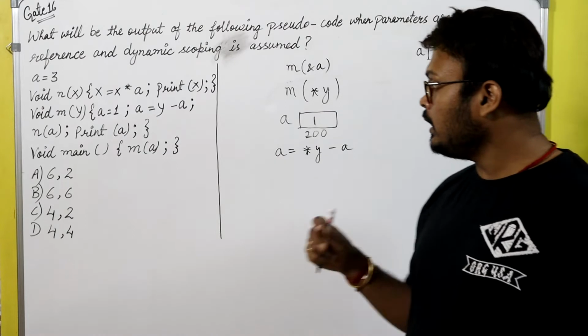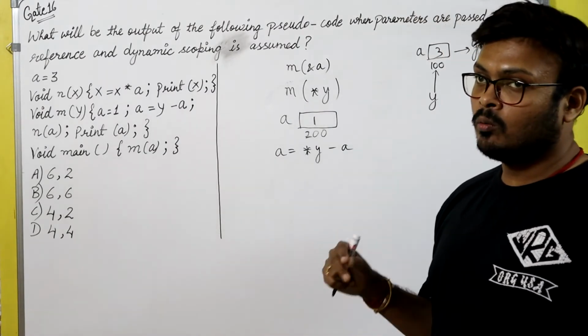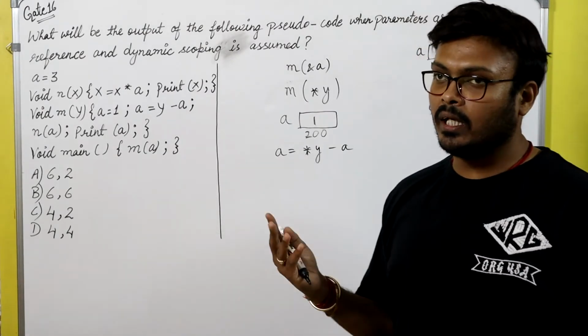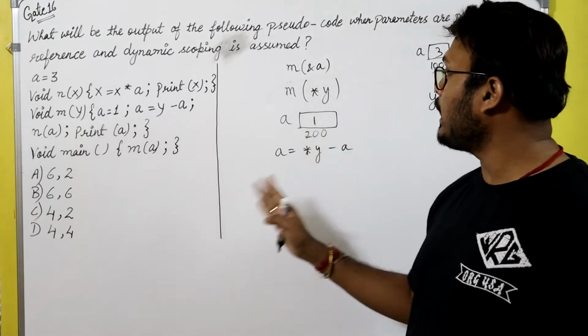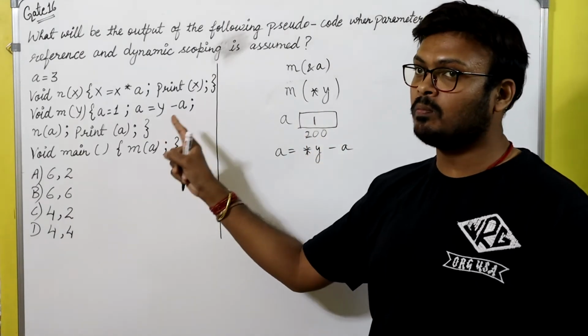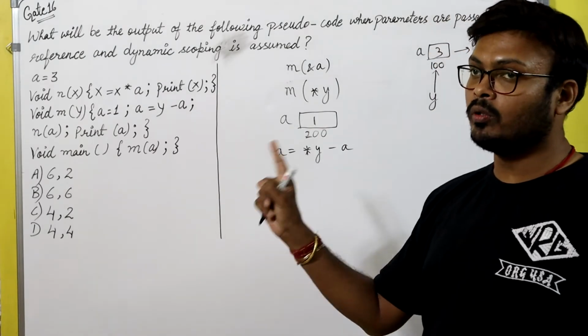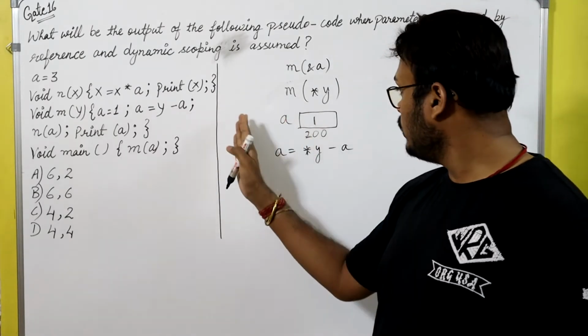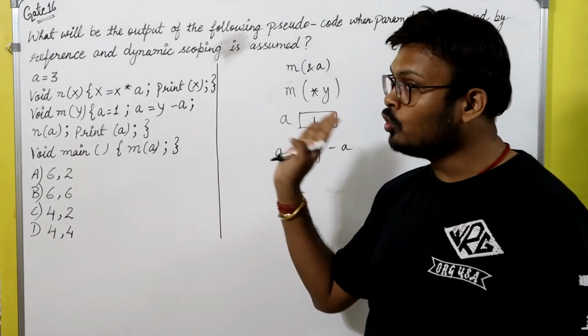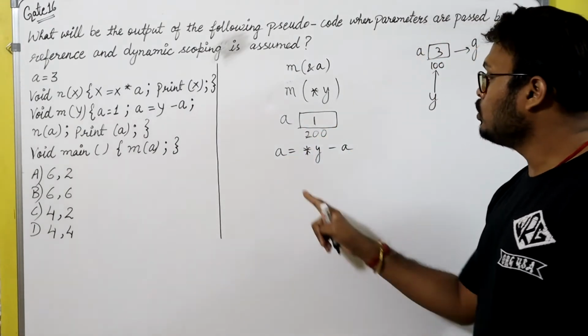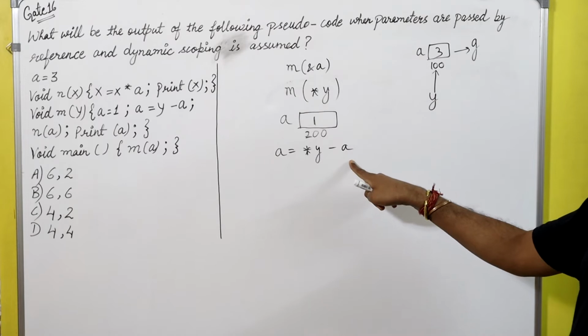You see in this question, the examiner is expecting that you know all these things. That's why they have not mentioned explicitly each and everything in the question. They are expecting you to interpret it like this. You should know about this. So a is equal to star of y minus a.